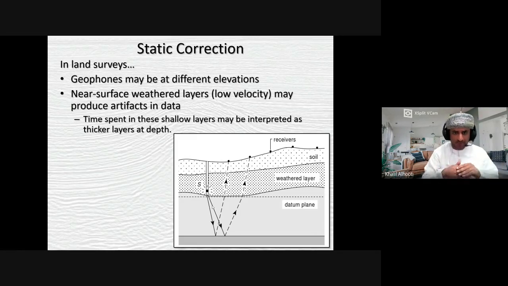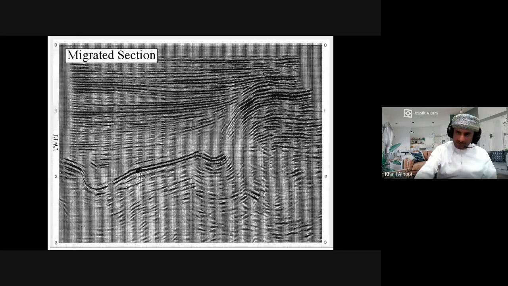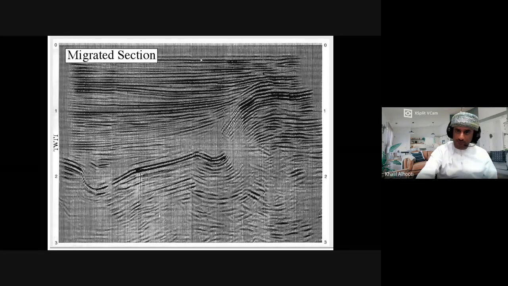What I mean by datum is a certain depth. The trace starts at zero, and the seismic section goes down, increasing in two-way time. So this zero time is usually along a datum. The datum is defined during the processing. When they define the processing, they decide what datum to use.